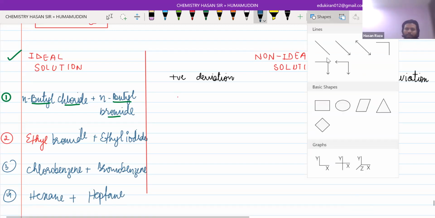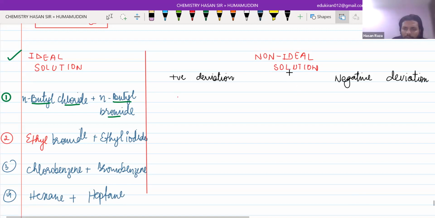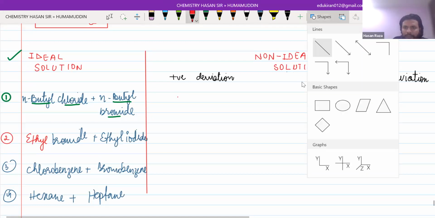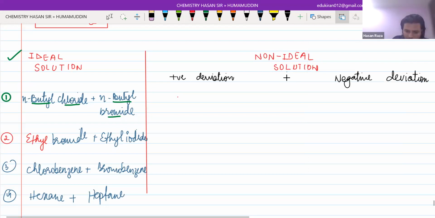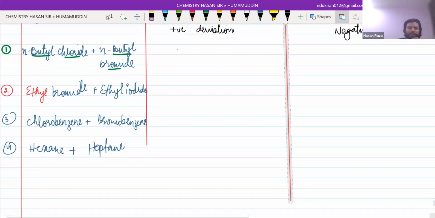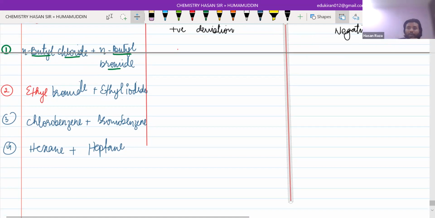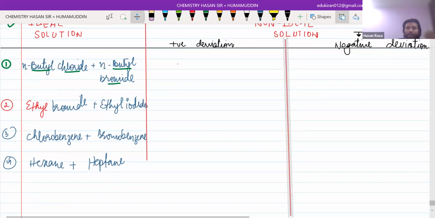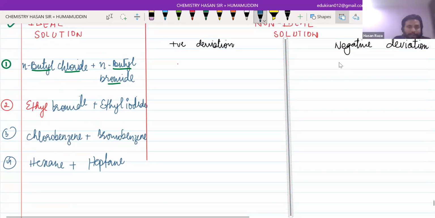Now, the next most important point is how you are going to decide whether it is ideal or non-ideal solution. It's very simple. As you know, if ideal solution is about similarity, then non-ideal solution will be about dissimilarity, right?